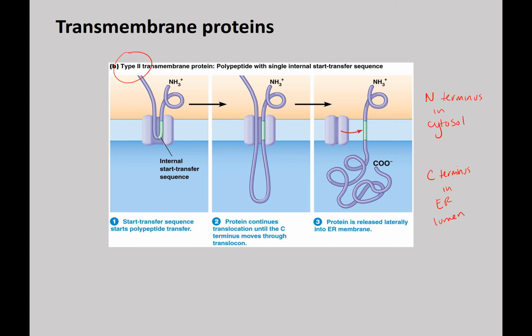And how this is happening is it has an internal start transfer sequence. So it's working here on the ER, and it comes across this sequence and says, okay, now let's start transferring. Okay. And so it feeds this whole protein through, and if it only has one transmembrane region, then it stays just like that.